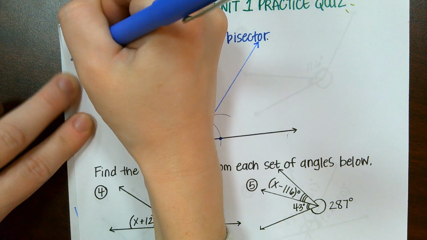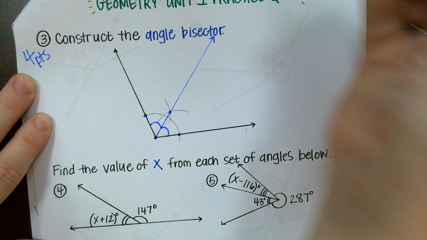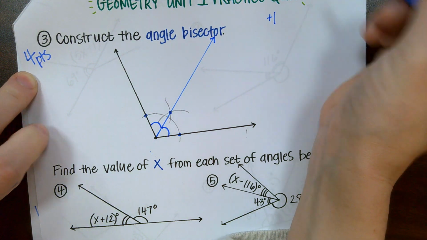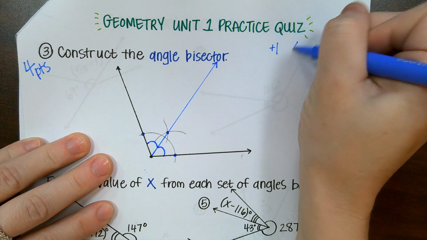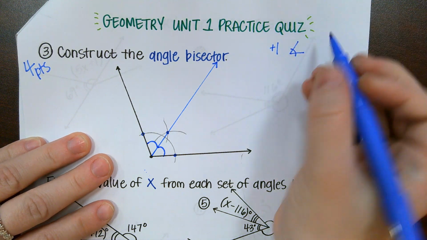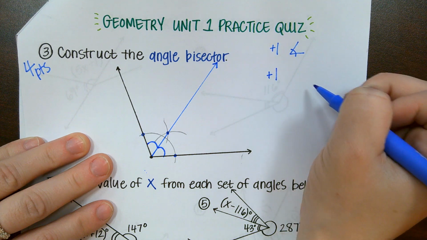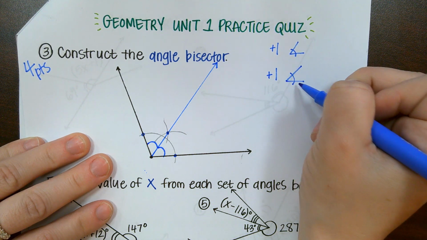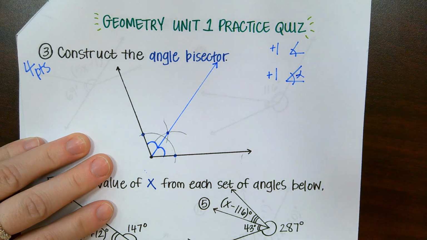Question number 3 is going to be worth 4 points on your quiz. You will get 1 point for correctly starting with that first arc. You will get another point for correctly drawing the next 2 arcs here.